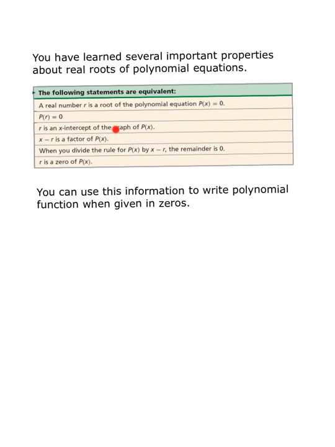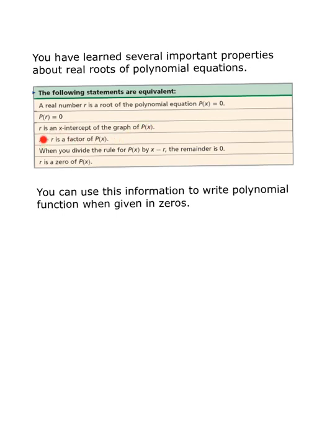And here you can see a real number r is a root of the polynomial equation p of x equal to 0. If that is the case, p of r equals 0, that means if you substitute r into the equation, you get 0. It also means that r is the x-intercept of the graph of p of x.